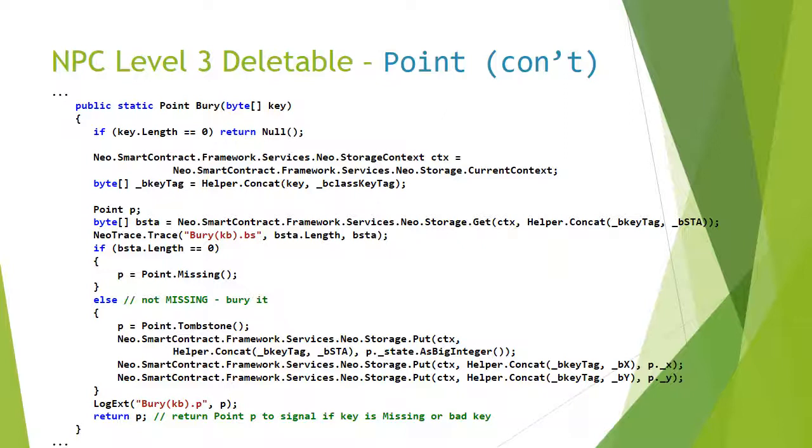Having realized that there's a storage.delete method, this implementation will likely change so that tombstone just marks it as tombstone and doesn't actually overwrite the data, because if you want to overwrite the data or hide or delete the data, you'll be able to call the delete method in the next version of MPC.